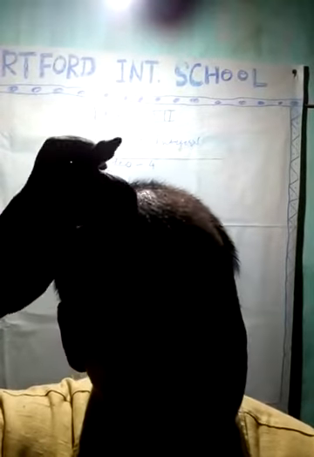Since addition of integers gives integers, we say integers are closed under addition. In general, for any two integers a and b, a plus b is an integer. 1.3.2 Closure under subtraction.